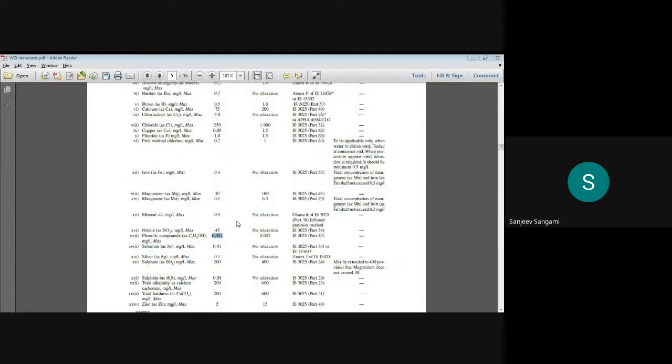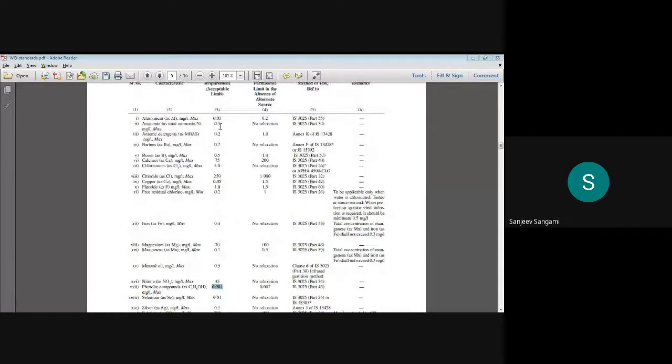See, in column 3, whichever values are very small means they are very dangerous. Just imagine that. For example, aluminium is there, 0.03. It is very small compared with the calcium. See the calcium and aluminium values here.